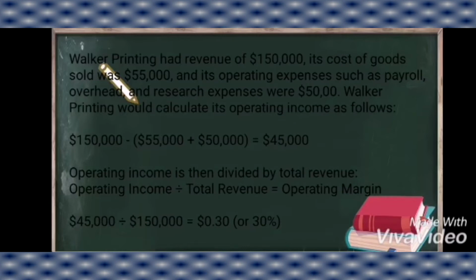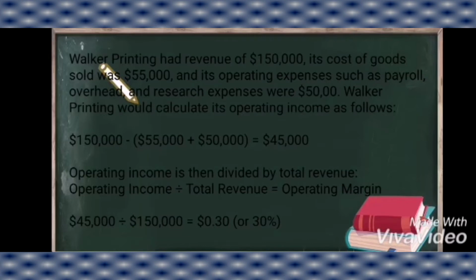So i-minus nato si net sales or ang revenue niya 150 sa mga variable cost of production, mga not fixed cost, which is ang mga goods na tag 55,000 and 50. So 55,000 plus 50 is equal to 105,000.